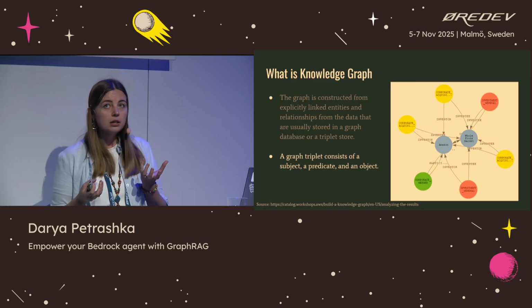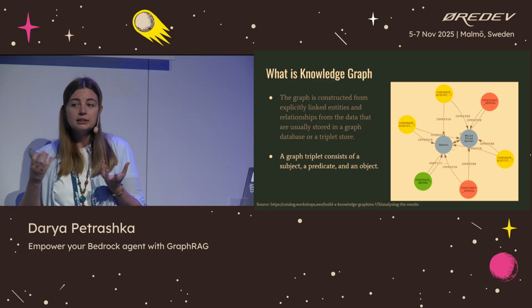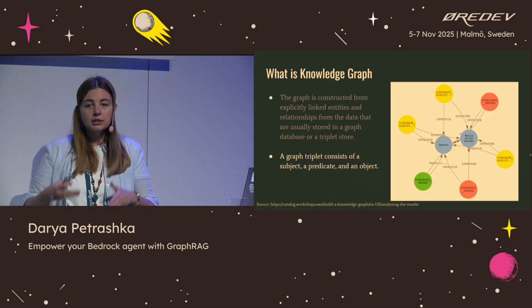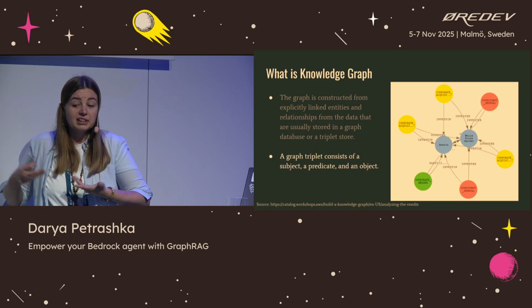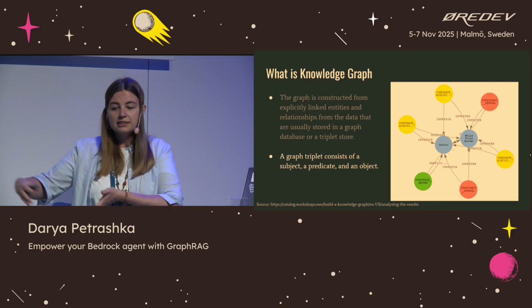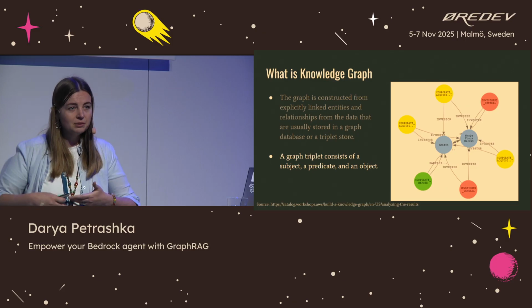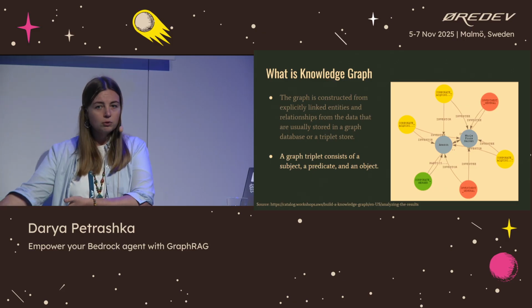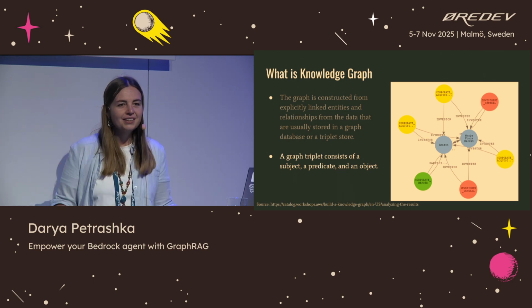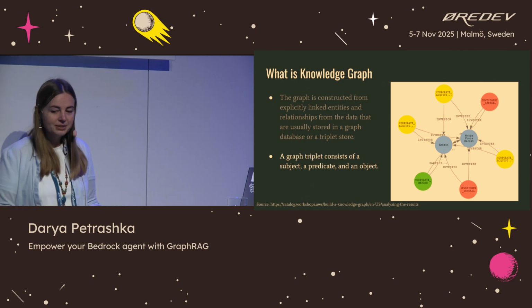I like to model it like a sentence. I can say that I am now in Malmö. I'm just located now in Malmö. So I am the subject, located in is the predicate, my relationship, and Malmö is the object. But use your imagination; you can think about many similar examples.